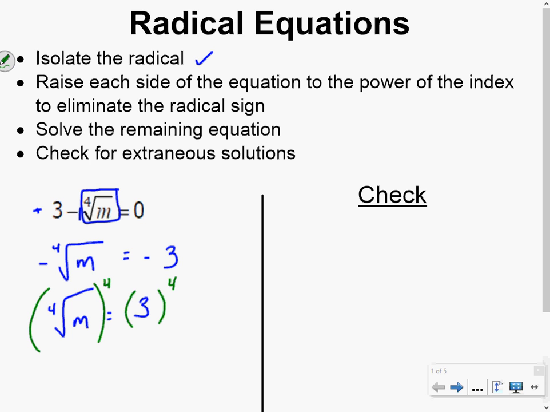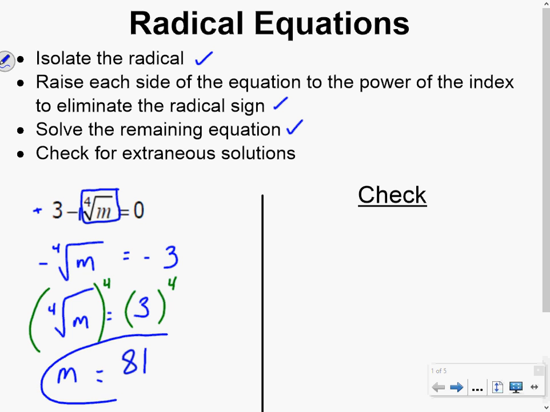And if I'm going to do that, I better do it to the other side as well. So when I raise the fourth root to the fourth power, it cancels, leaving me with just m. 3 to the fourth power is just 81. So technically, we don't even have to solve anything here. Our equation is solved after we raise each side to the fourth power.